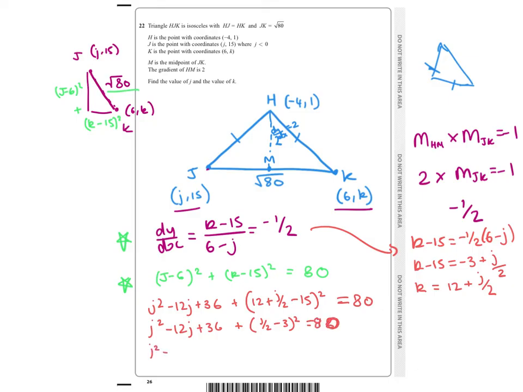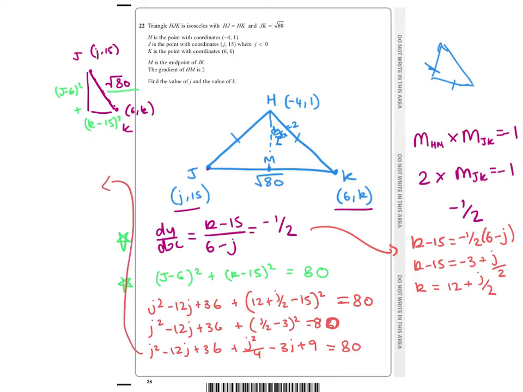So I'm going to get j squared minus 12j plus 36 plus j squared over 4 minus 3 over 2 minus 3 over 2. So we get minus 3j plus 9 equals 80.